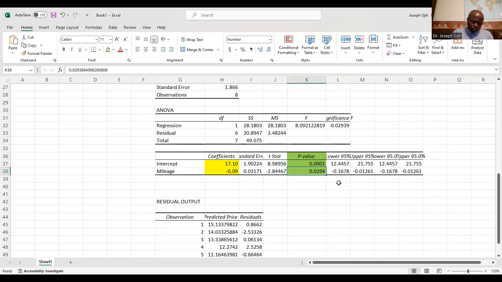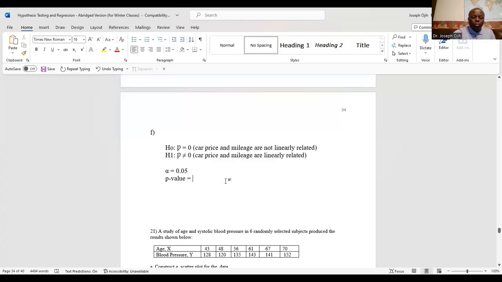The p-value equals 0.0294. Now we compare the two. You can see that the p-value is less than alpha. So in that case, we reject.